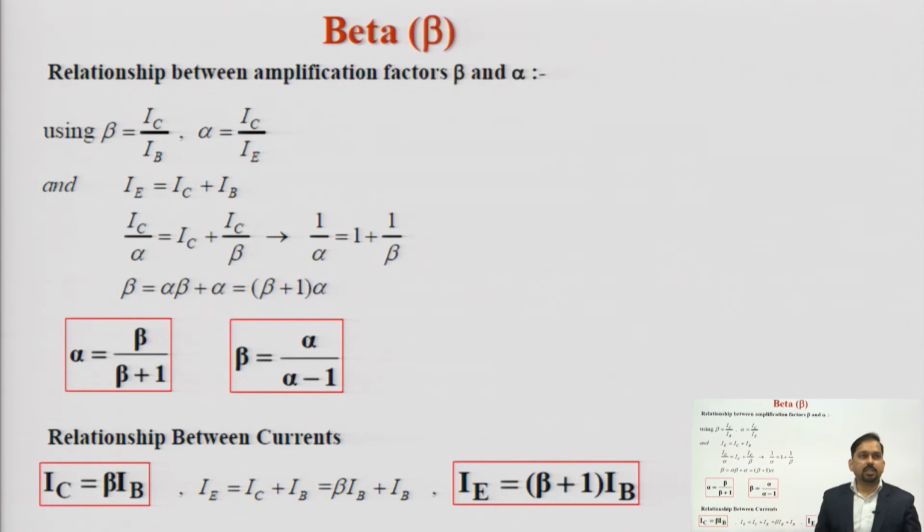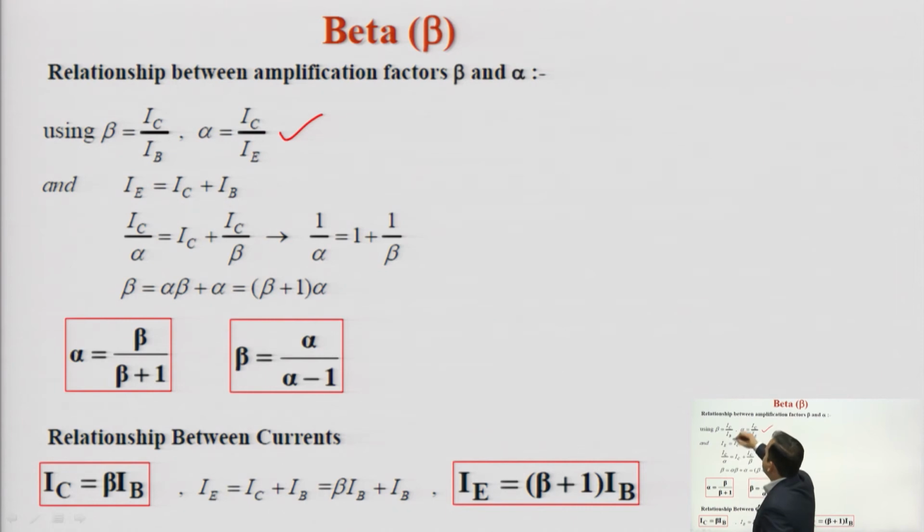Now, we want to derive a relationship between the current gain alpha and the current gain beta. We are aware that alpha is IC by IE, whereas beta is IC by IB. Here we can say that emitter current IE equals IC plus IB. So we will replace this in this particular expression. We can put the value of IE, IE will be IC by alpha.